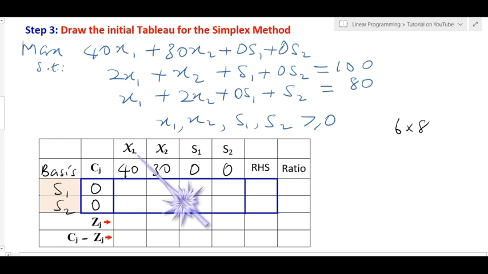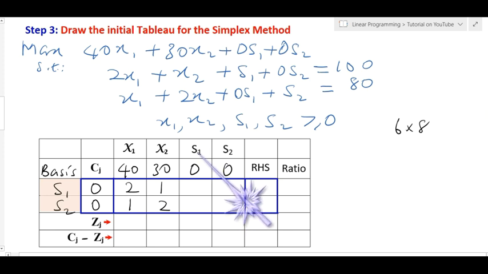What's the coefficient of x1 in the first constraint? It is 2. Put it there. Then in the second constraint, the coefficient is 1. Put it there. Then x2. What's the coefficient in the first constraint? 1. Then here, 2.